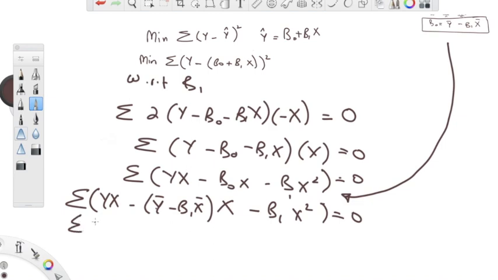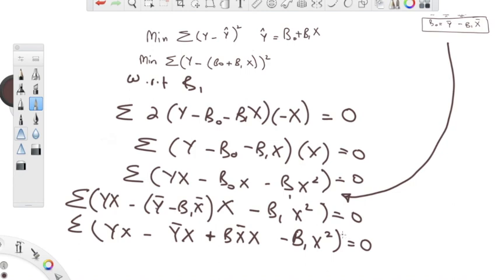So this expression becomes yx minus y bar x, and once you multiply minus x by this term over here, you end up with a positive beta 1 x bar x minus beta 1x squared, and this is equal to 0.